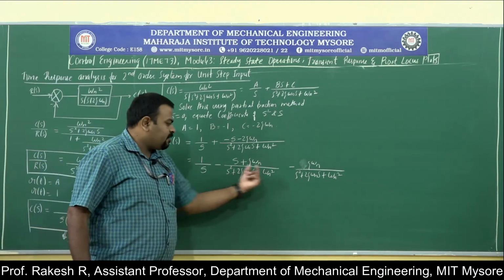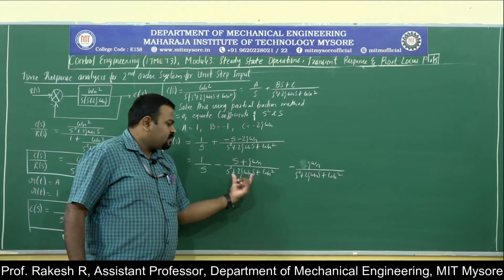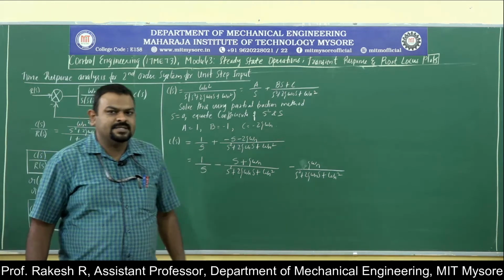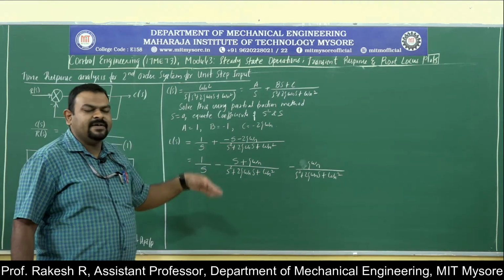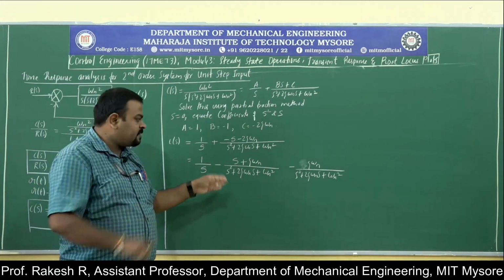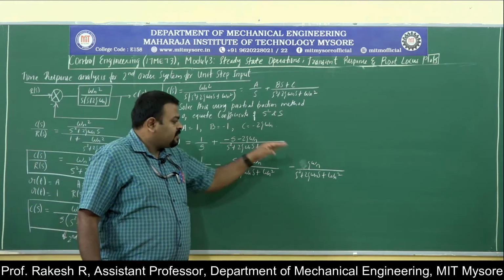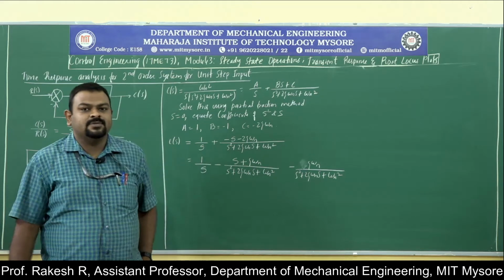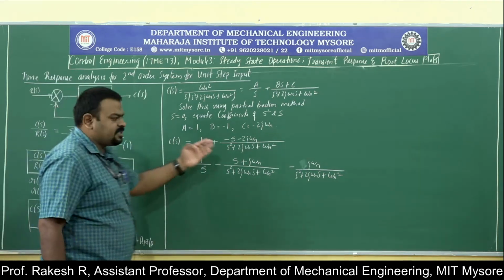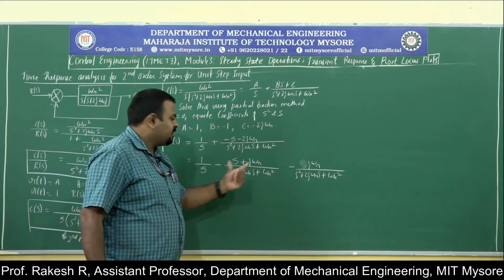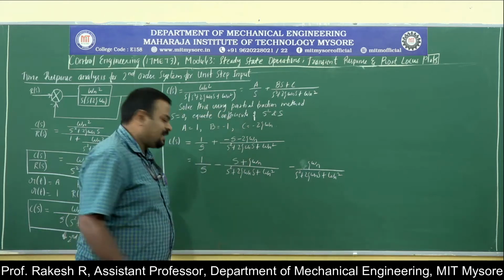So s square is there, omega n square is there. So the denominator I will try to express as s square plus a square. A divided by s square plus a square, if you take the inverse, gives sin at. Similarly, s divided by s square plus a square. Let us try to write this expression in terms of that.